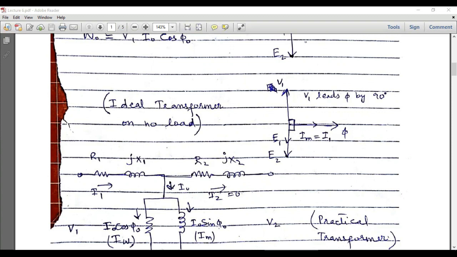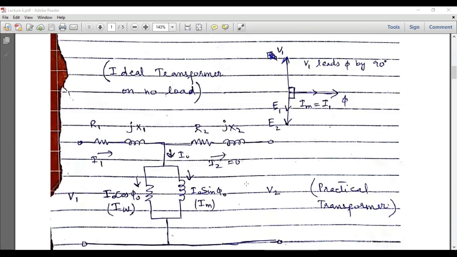So I naught will be equal to I naught sin phi naught. It means phi naught is equal to 90 degrees. So this angle is 90 degrees, and we have IM equal to I1. This is the case of the ideal transformer, and the ideal transformer doesn't heat up, so there will be no such resistor.